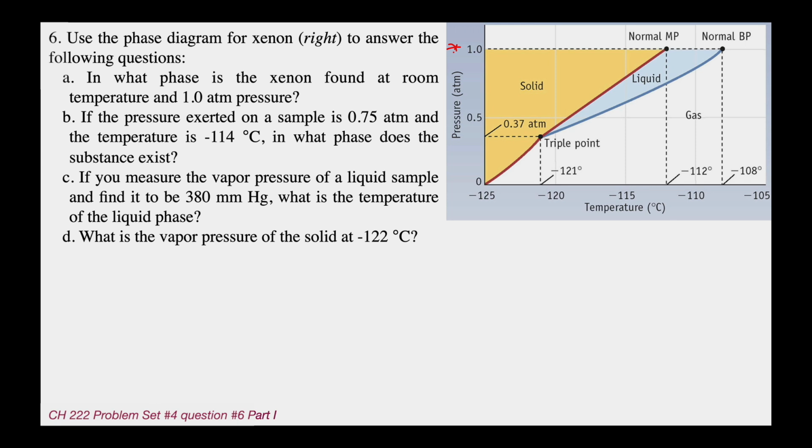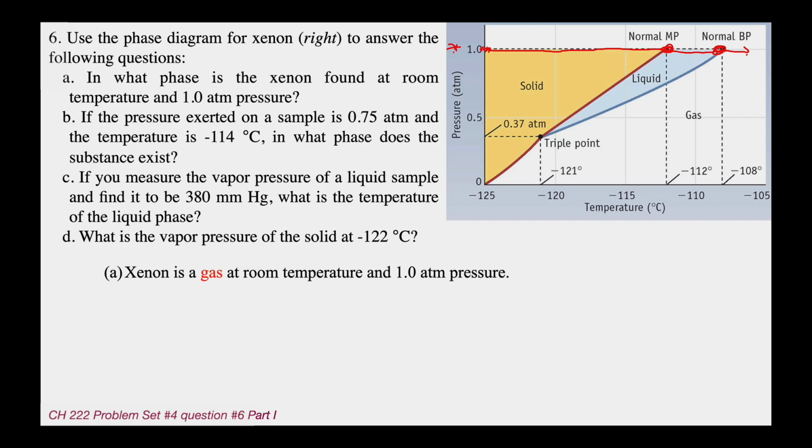So you can imagine if you're a xenon sample and you start off here at negative 125, where it's a solid at 1 atmosphere, you'll go over here to the place where it turns to a liquid, and then to the place where it turns to the gas, and you'll just keep on going on that curve quite a ways, because room temperature is like 25-ish degrees Celsius. We've already gone solid to liquid and liquid to gas. Xenon is going to be a gas.